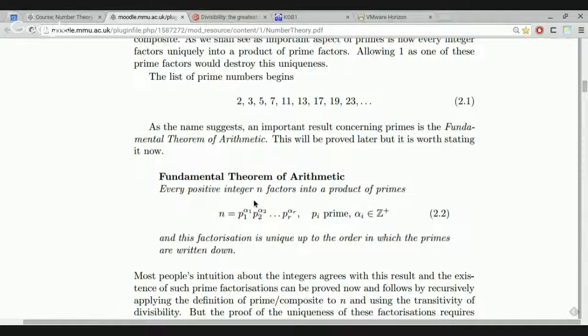So let's take a number like 210. We look at it a bit and ask ourselves, is that a prime number? No. Why isn't it a prime number? Divisible by 2. So straight away you can factorize it as 2 times 105. Are those prime numbers? No. 105 factorizes with a 7 and a 3.